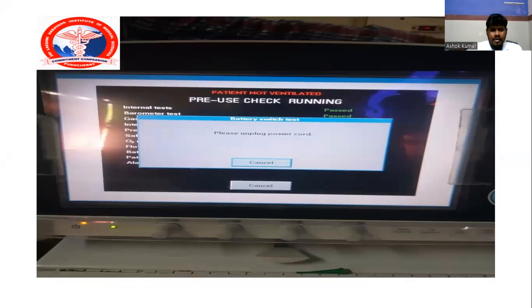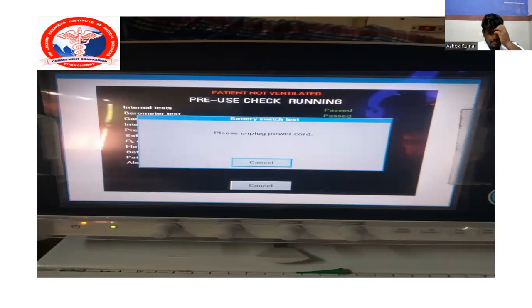And for battery switch test, either switch off the power cord or unplug the power cord to know the battery status for the safety of the mechanically ventilated patient. Please check, a battery switch test is necessary to check the battery status.